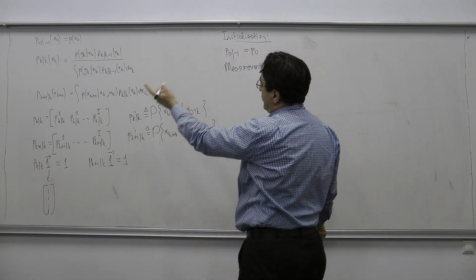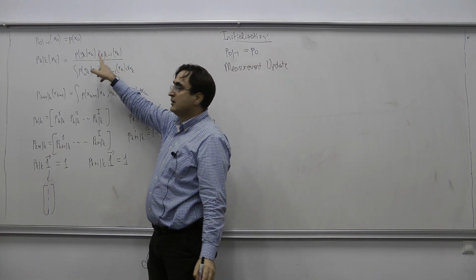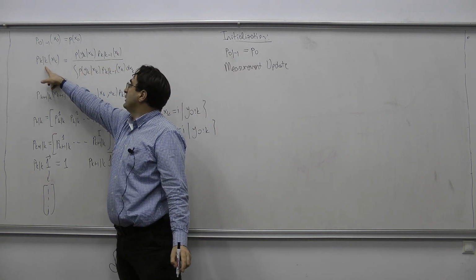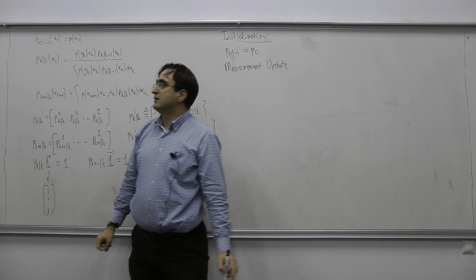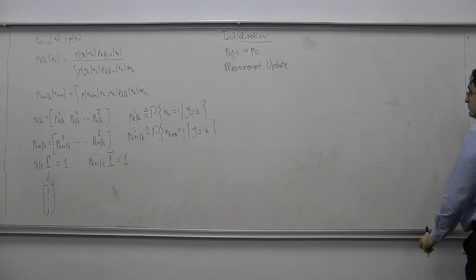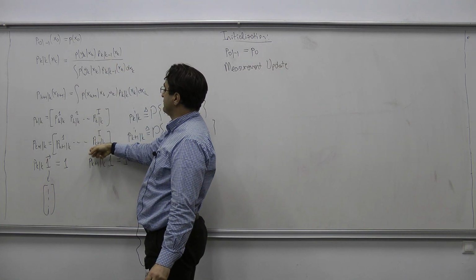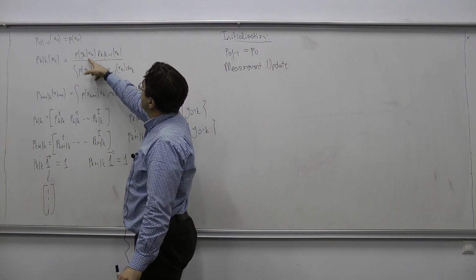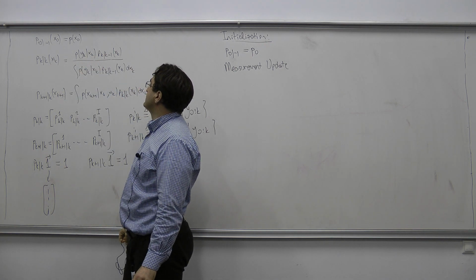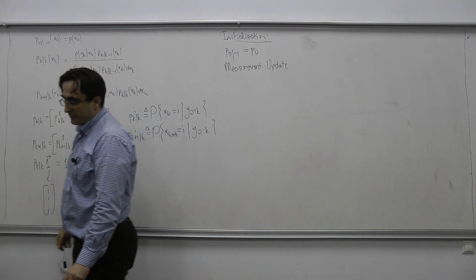In this case, suppose that we have p_{k|k-1}, we have it for k equal to 0, and we need to calculate p_{k|k} vector. We need to start with the predicted distribution, the predicted vector, and then we need to calculate the updated vector, or the estimated vector.